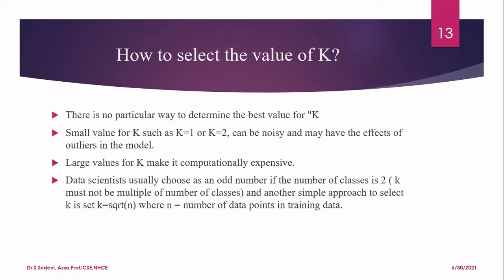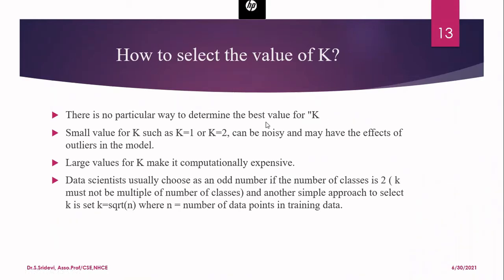You may get an accurate result, but a large value of K makes it computationally expensive. To come to a conclusion about one point itself, you have to consult so many neighbors. You have to compute the Euclidean distance, compare everything, and sort all the records. Everything is going to be very complicated. So in order to avoid this computational complexity, we never go for a very large value of K either.